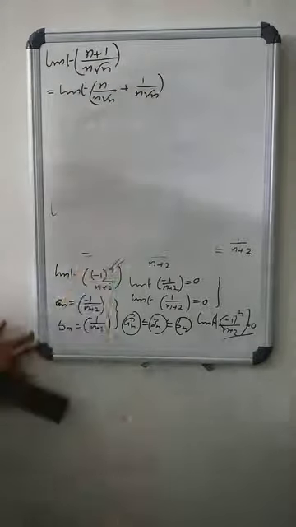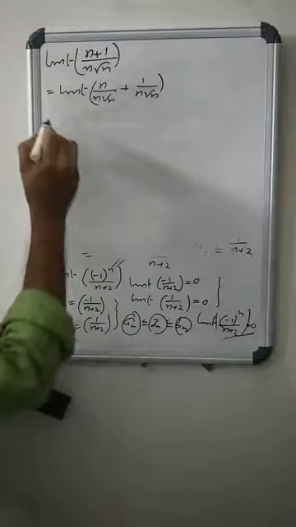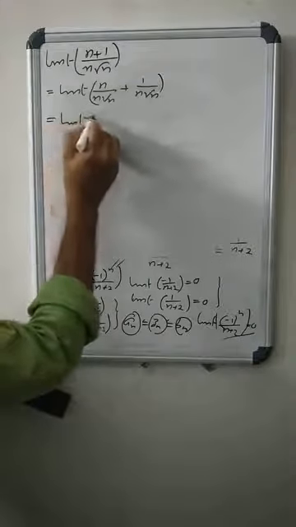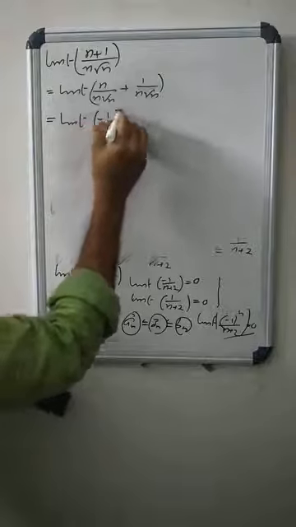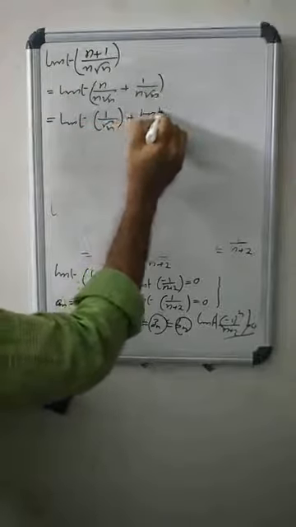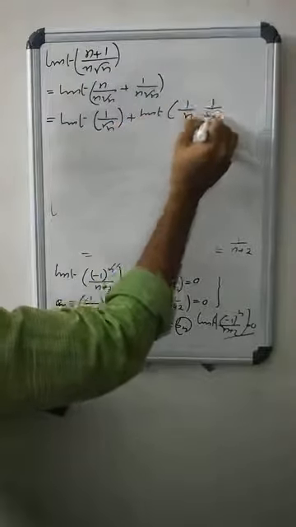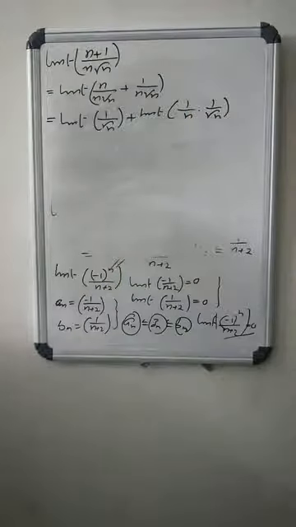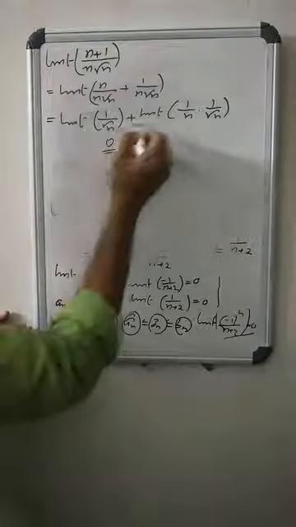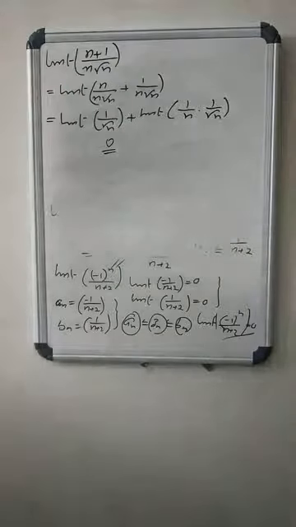Agreed? So that equals the limit of 1/root n plus the limit of 1/n times 1/root n. The limit of 1/root n is 0, so it is 0 plus 0, which is 0 itself.